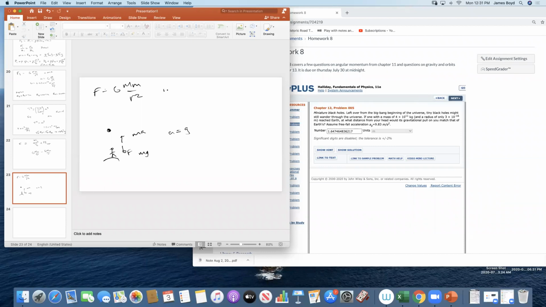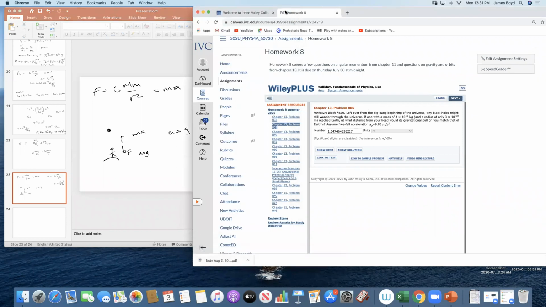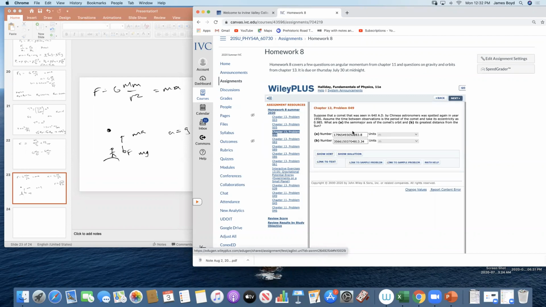So if this is ma, then a is GM over r squared, and it asks you at what distance, so r is equal to the square root of GM over a, where M is the mass of the black hole, and G is 6.67 times 10 to the minus 11. A has to be equal to g. That's just a little bit of algebra manipulation to find r. I think you guys probably get those really, really easily.